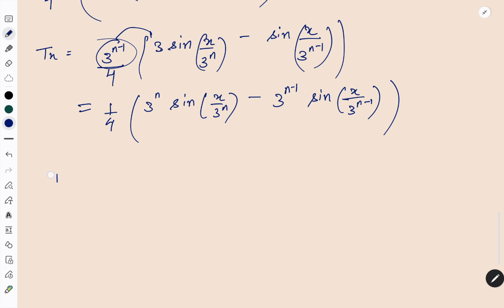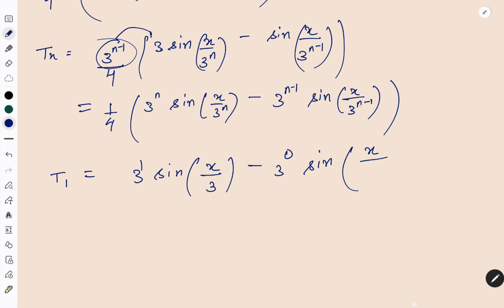Now I write t1. So t1 is 3 sine of x over 3 minus 3 to the power 0 sine of x over 3 to the power 0.